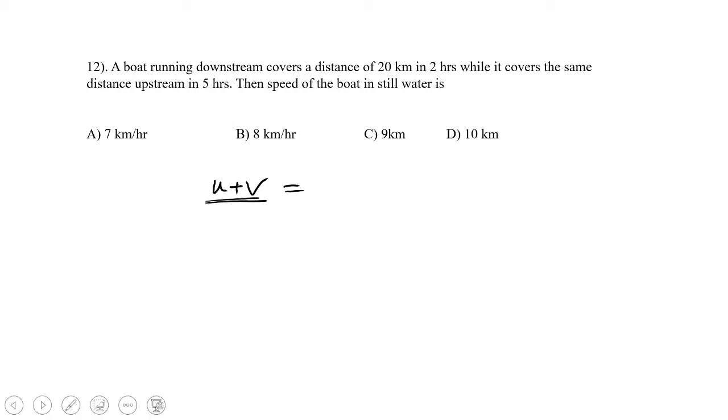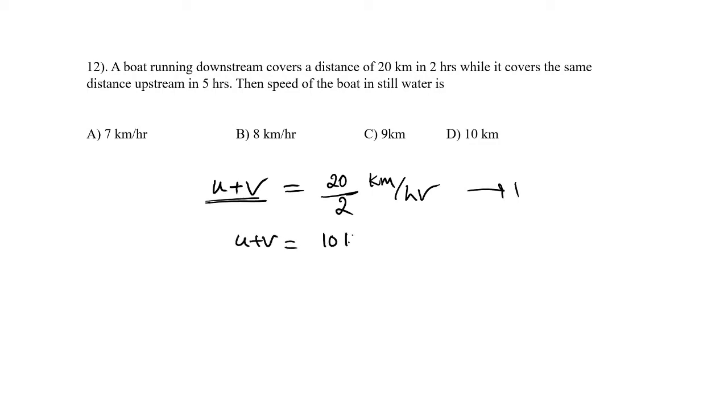Downstream speed U plus V is equal to a distance of 20 kilometers in 2 hours. 20 kilometers distance by time is speed. So U plus V is equal to distance by time, kilometer per hour. This is the first one. U plus V is equal to 10 kilometer per hour.